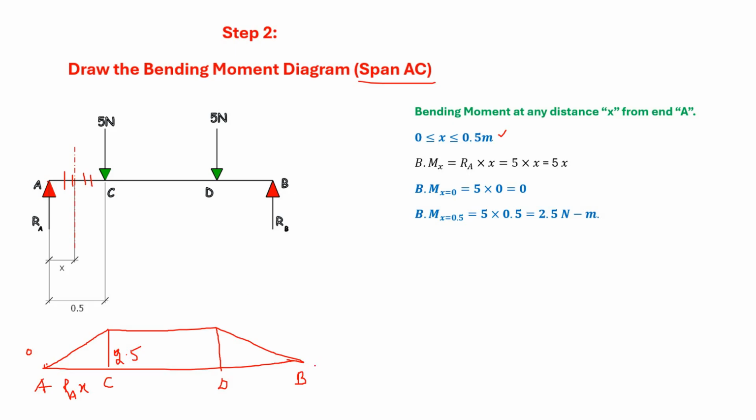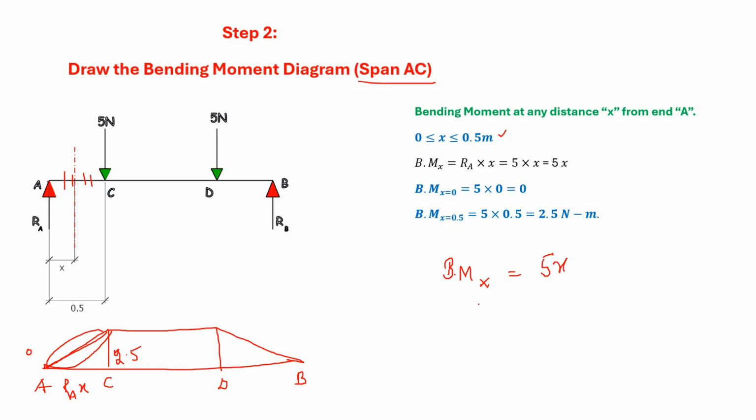Now that is a very good question that was asked by a student: Sir, why do you connect these 2 points by a line? Why not by a curve like this or a curve like this? The point is, you look at the equation. The bending moment equation at x is equal to 5x.